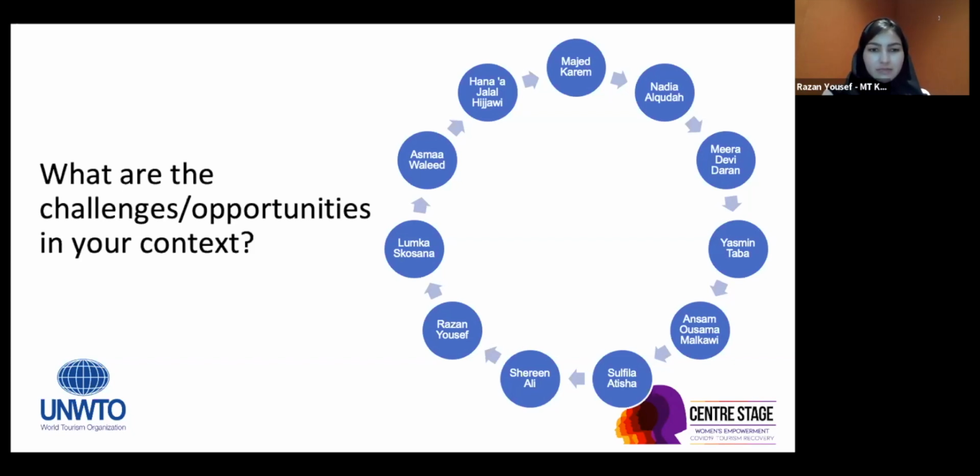And regarding women's participation in the tourism sector in Saudi Arabia, it's important to highlight that we have a tourism strategy in Saudi Arabia that's linked to the Kingdom's Vision 2030. And Saudi has made a very great effort in facilitating and encouraging women to participate in the sector through improved legislation, new policies, and education.